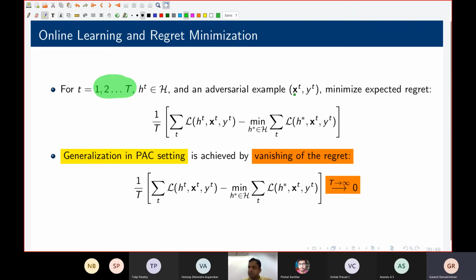For every possible adversarial example, think of it that way, you want to minimize the expected regret. What is regret? Well, H star, the optimal one, as against the h_t obtained by seeing that t-th example, that adversarial example.